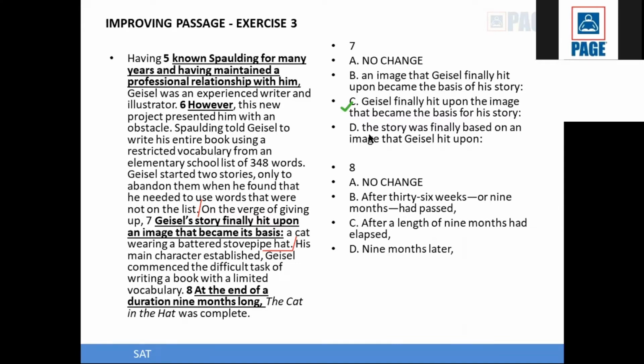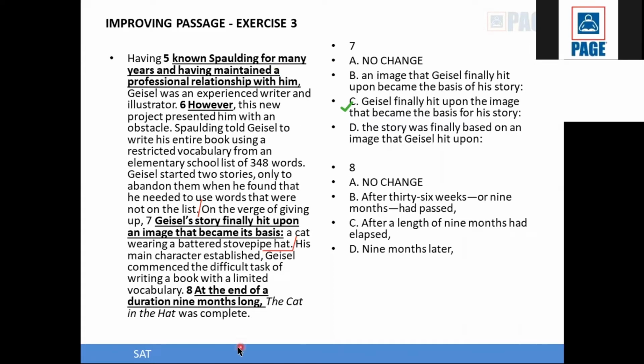The other option, the story was finally based upon, is a passive voice on an image that Gazel hit upon. Yes, answer is C, right. It can't be D because it is a passive voice. On the verge of giving up, Gazel finally hit upon the image that became the basis for his story. Hope there is no confusion.